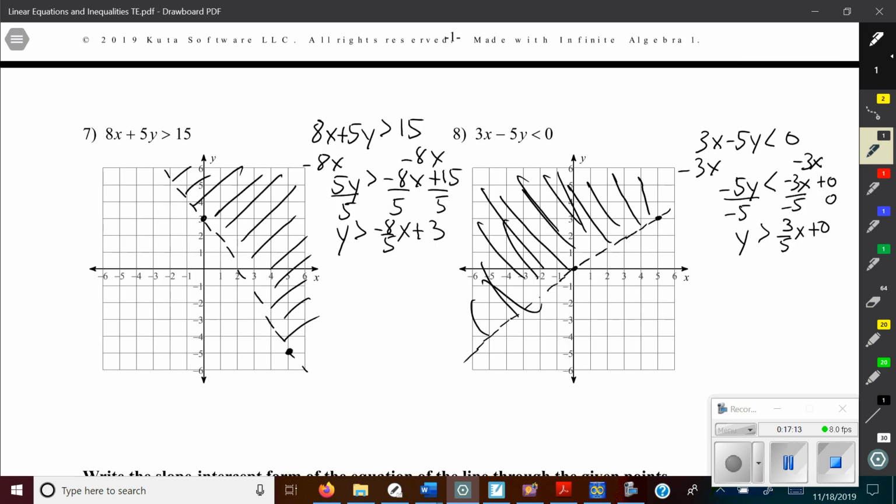On both of these, I solved for y, got the inequality, got the y by itself. Make sure I check if I divide by a negative, you swap the inequality here. On both of these, they're not equal to. So keep that in mind. If you get one that says equal to, you have to have a solid line. Okay. So keep that in mind. But that's 7 and 8.